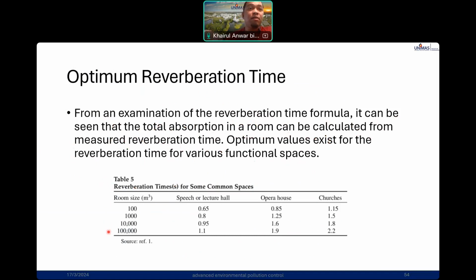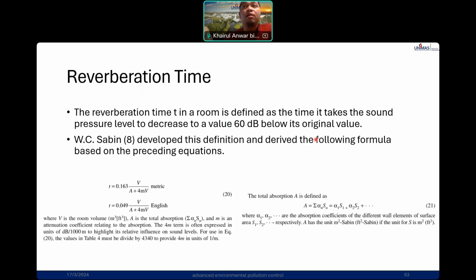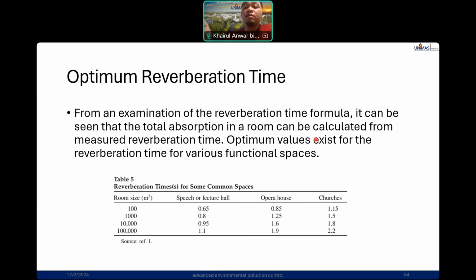This is some commonplace speech or lecture hall of 100 cubic meters. Reverberation time is 0.61 seconds. Reverberation time is how long it takes to reduce the sound level by 60 decibels below its original value.